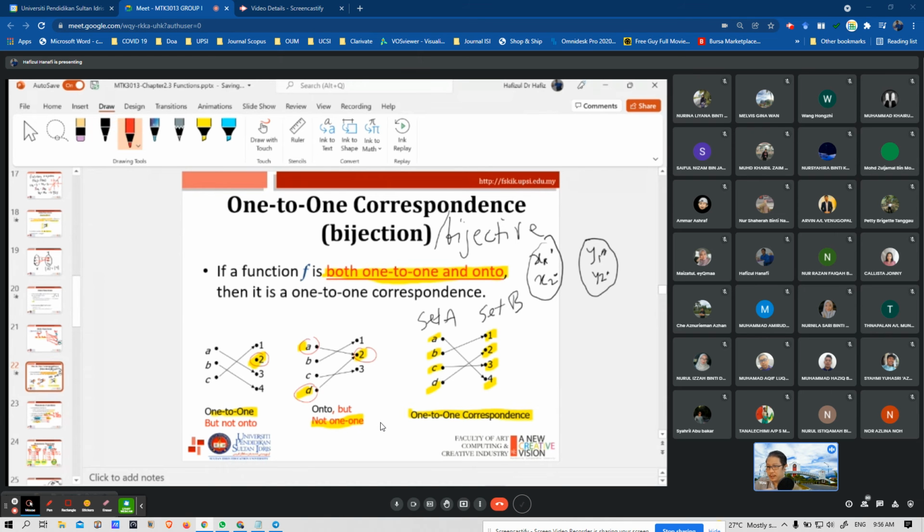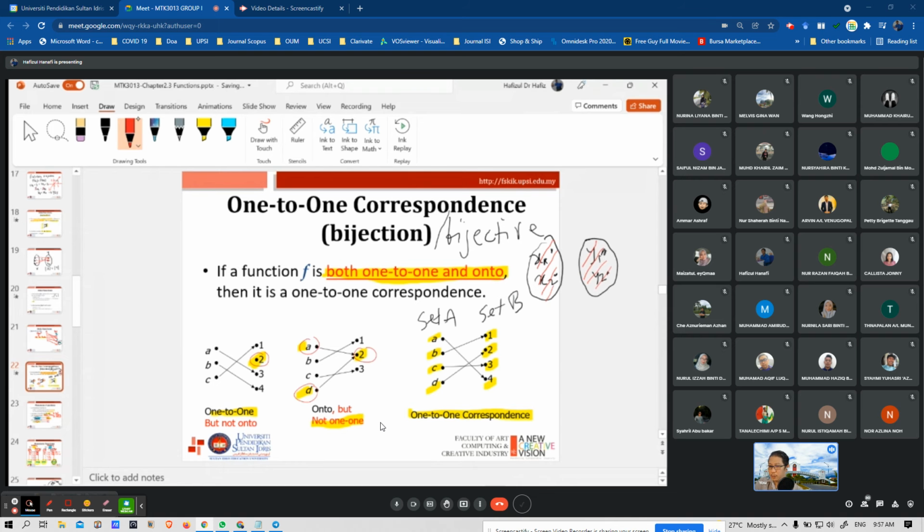For the function f, both one-to-one and onto, both this one. And then this one is one-to-one but not onto, because 2 is not included. This one is onto but not one-to-one, because A and D are mapped into 2 in the codomain.